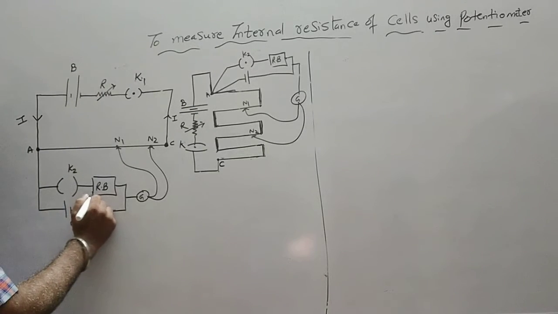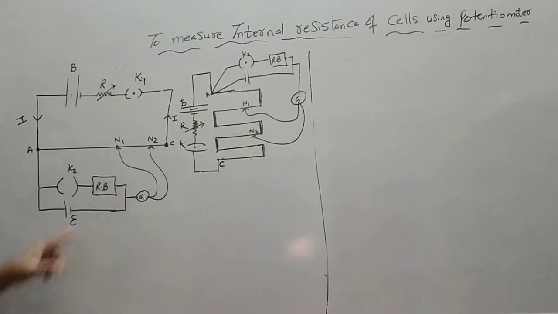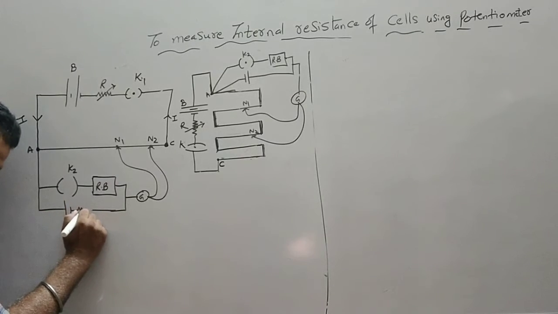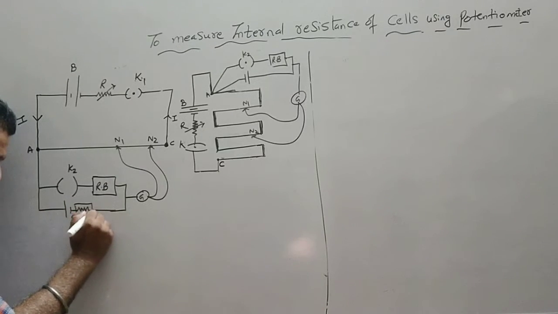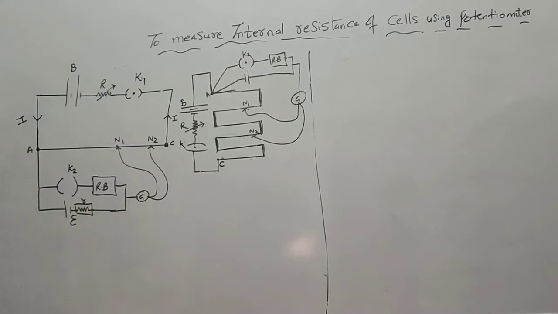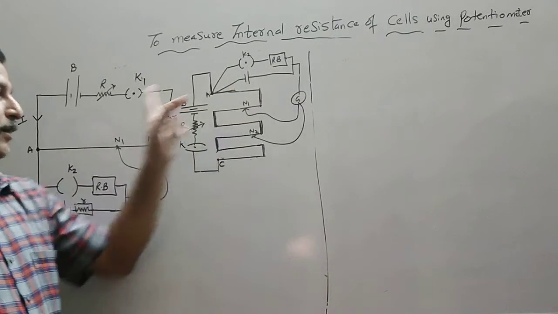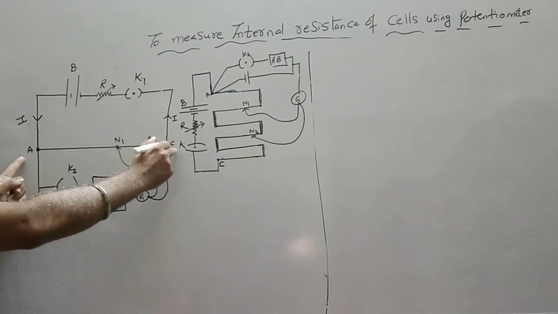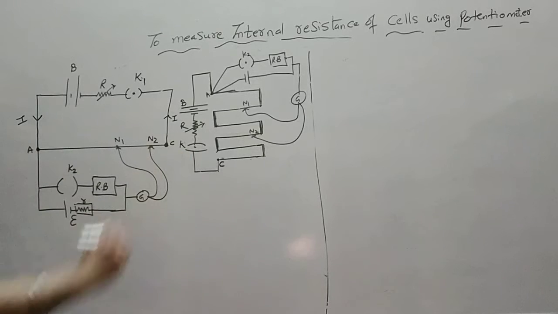We also have a resistance box at this point, so we can adjust this resistance box in the circuit. Again, this is the cell whose internal resistance has to be measured. Let me draw the internal resistance of this cell. So I have to measure this small r. The diagram is again the same, the only difference is the AC wire of the potentiometer is shown straight.